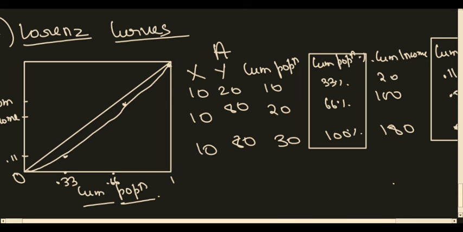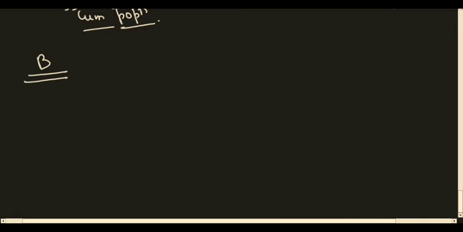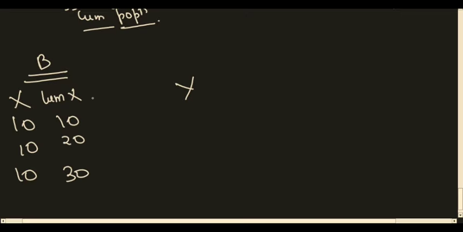Something like this. Okay. So for country B also, we have to make the same schedules. We have X, then we have Y. Cumulative X, we take 10, 20, 30 percentage.